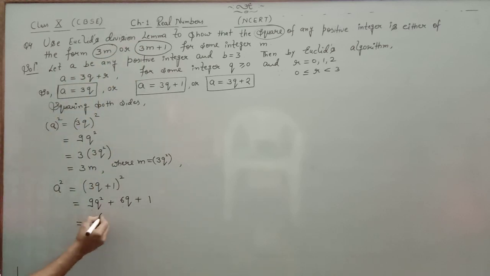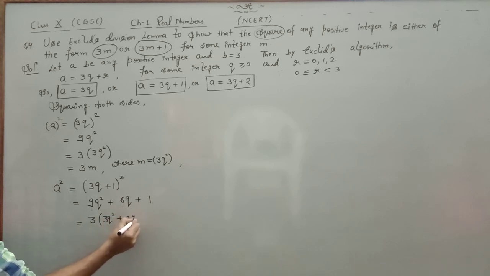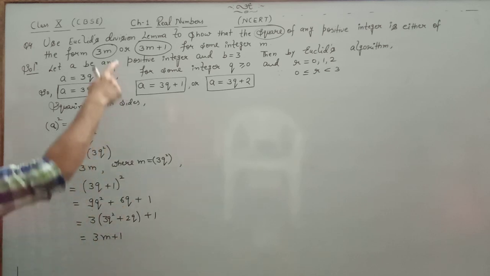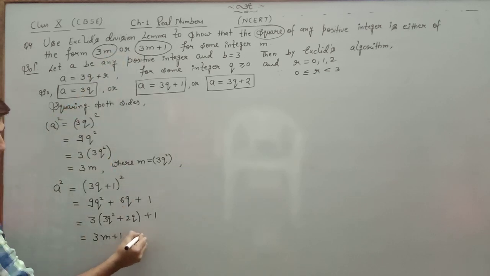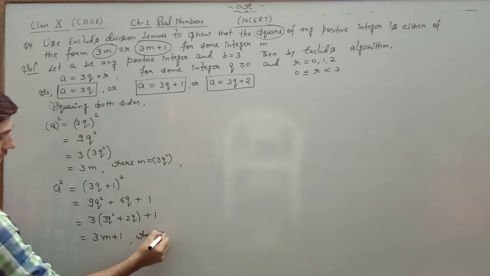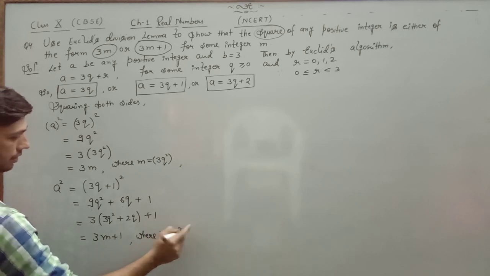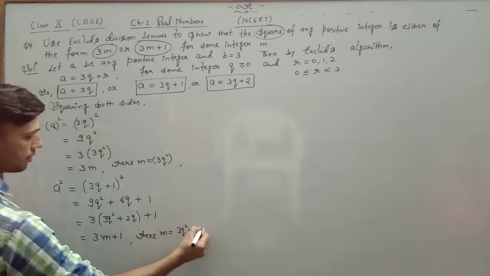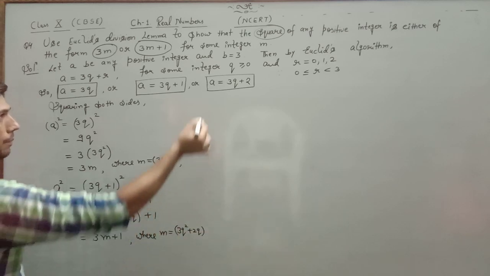So 3 into 3q square plus 2q plus 1. Check: 3 times 3 is 9, q square; 3 times 2 is 6, q. Now suppose this bracket is equal to m. So this is 3m plus 1, where m is 3q square plus 2q.